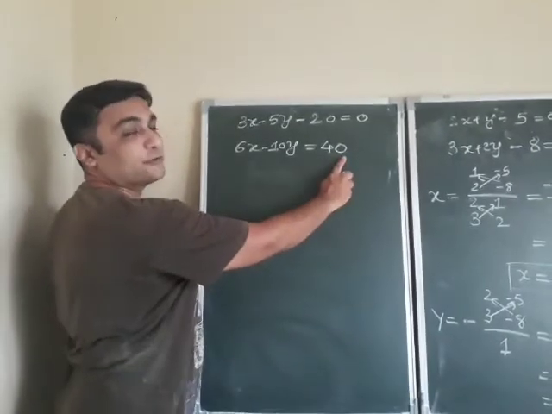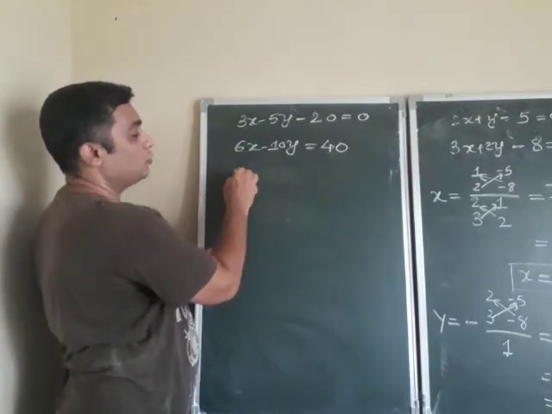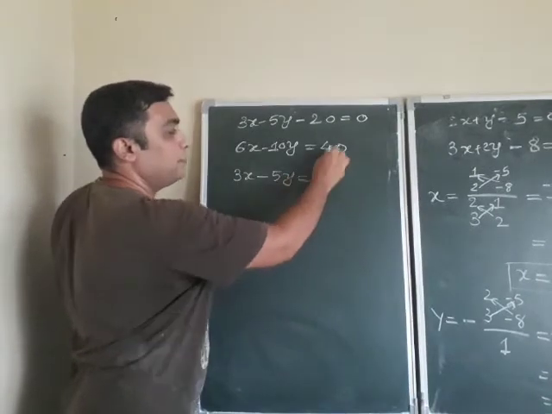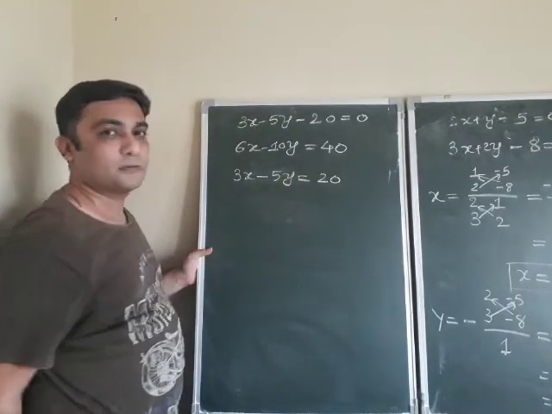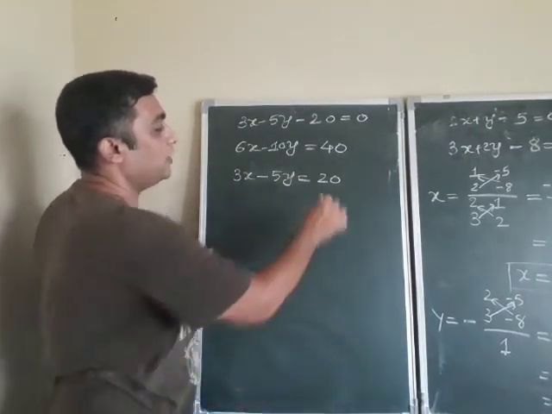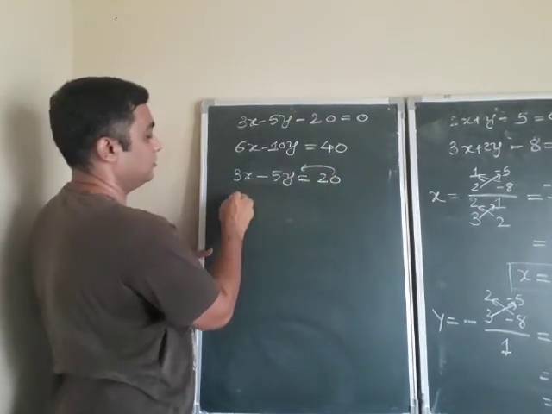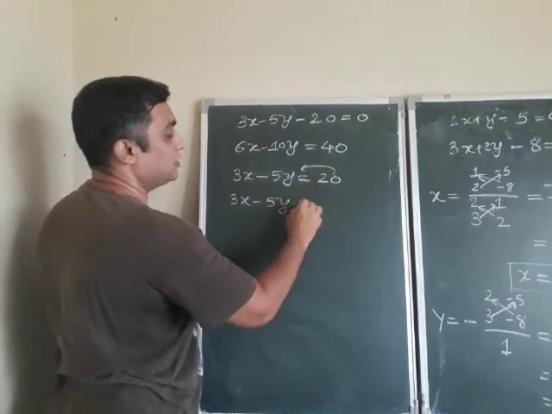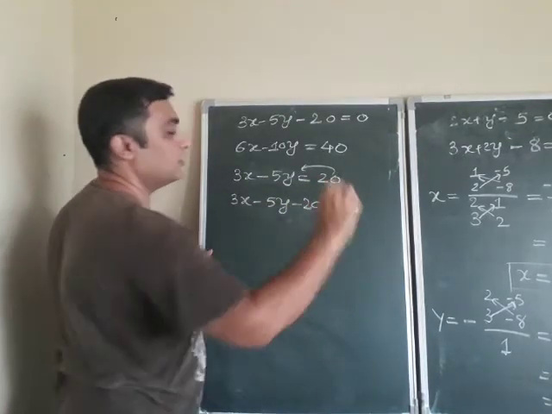So I divide this equation throughout by 2. So 6 by 2 is 3x, minus 10 by 2 is 5y, and 40 by 2 is 20. Clear? Now plus 20 you can take on this side. So 3x minus 5y minus 20 is equal to 0.